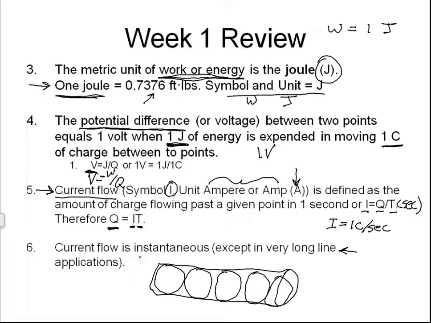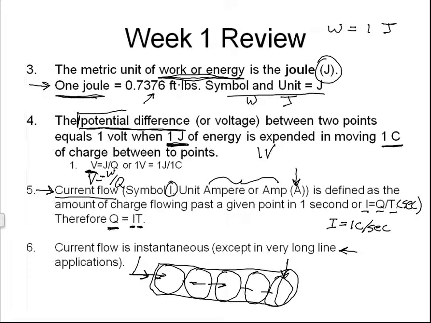As soon as I apply a force to this end, which represents our potential difference, this force is immediately transferred to the next ping pong ball, which is immediately transferred to the next ping pong ball, etc., all the way down the tube. So as soon as I start shoving here, that ping pong ball is going to move. Therefore, to our observation, current flow is going to be instantaneous.